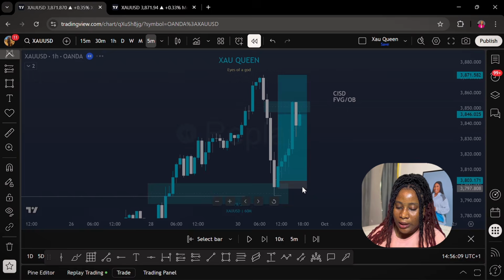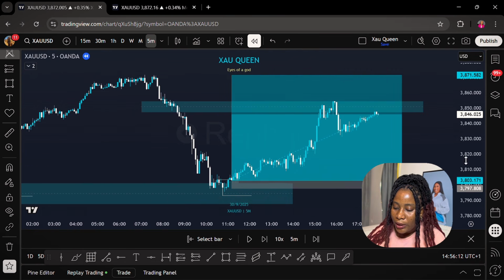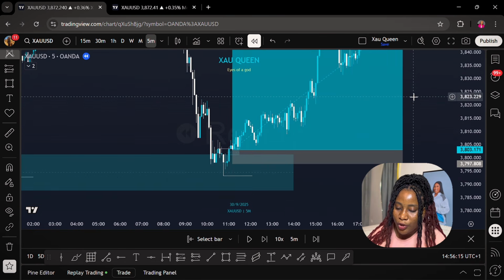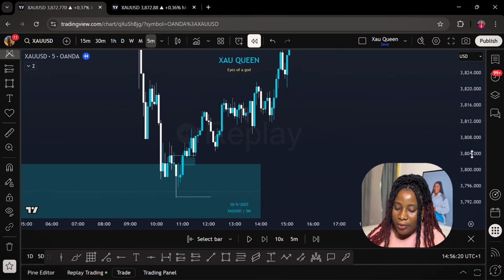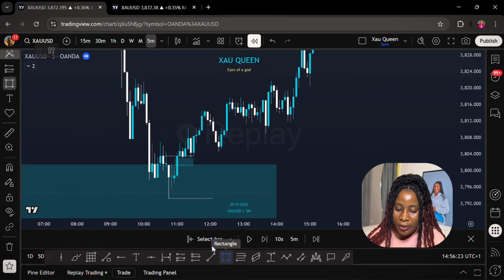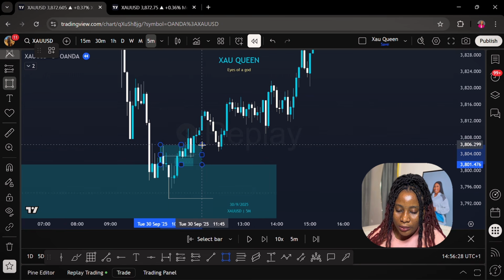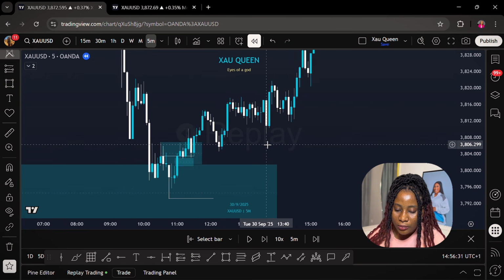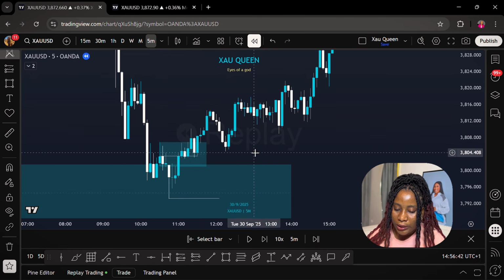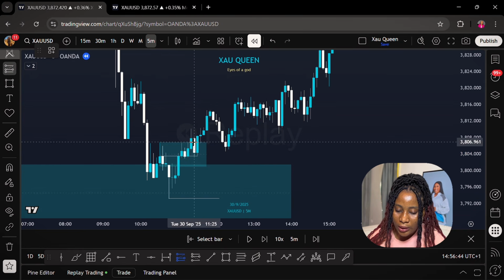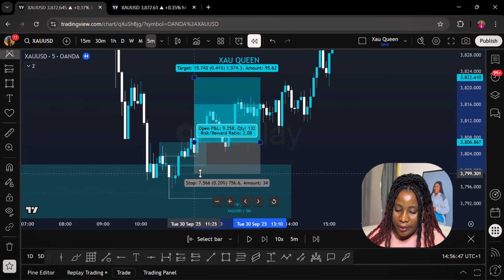Let's go back to the 5 minutes. If there is no FVG, you can always use the breaker block. Here, if you had used the breaker block, you would have also gotten a nice RR.